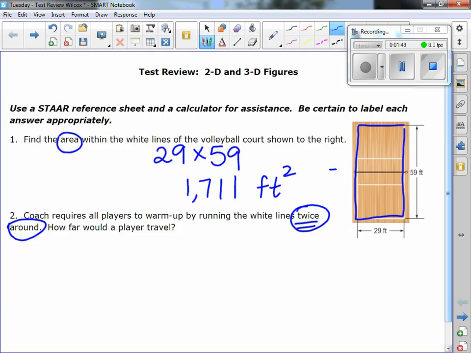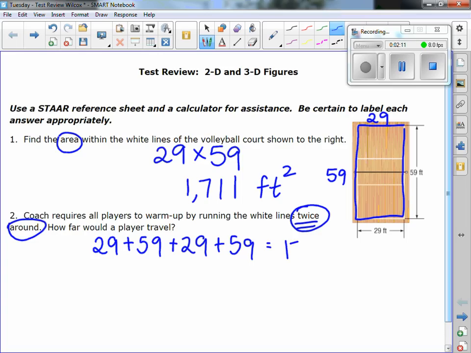So 59 is my length on both sides. 29 is my width. So finding the perimeter for once, if they have to run around at once, I would add 29 plus 59 plus 29 plus 59 again. So when I add all those up, I get 176.